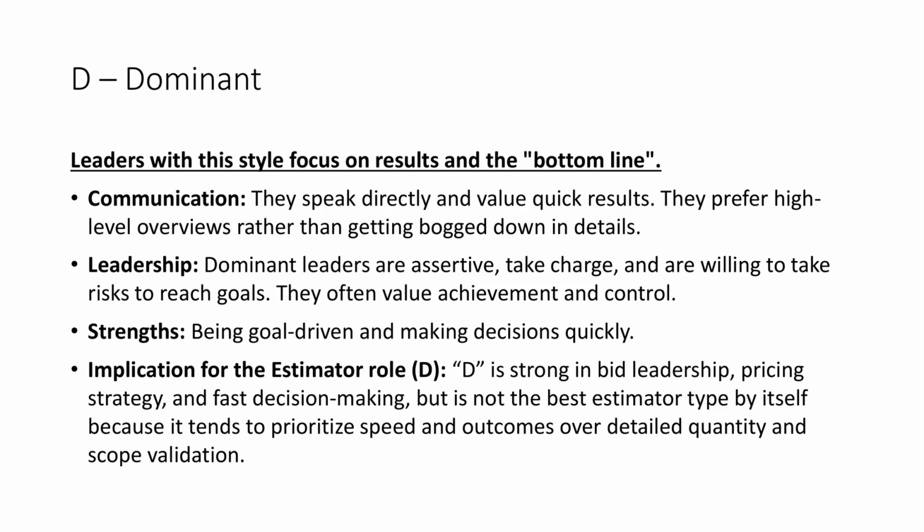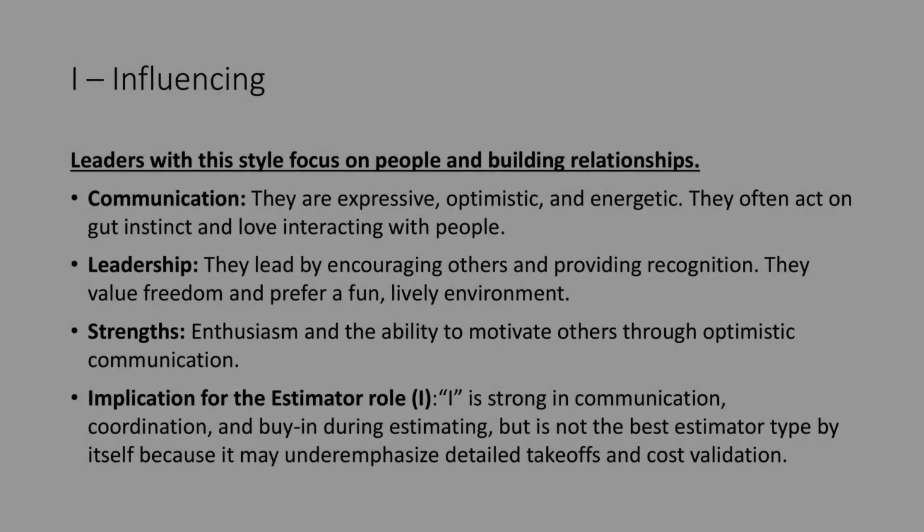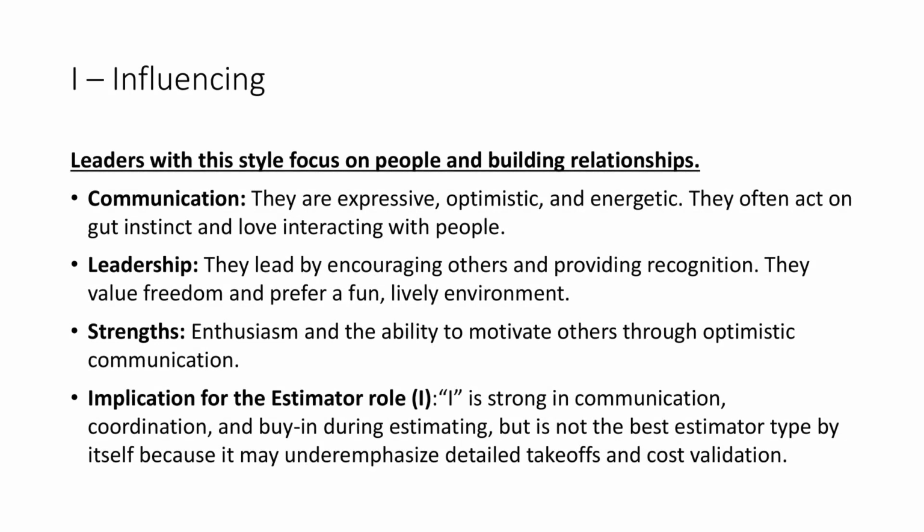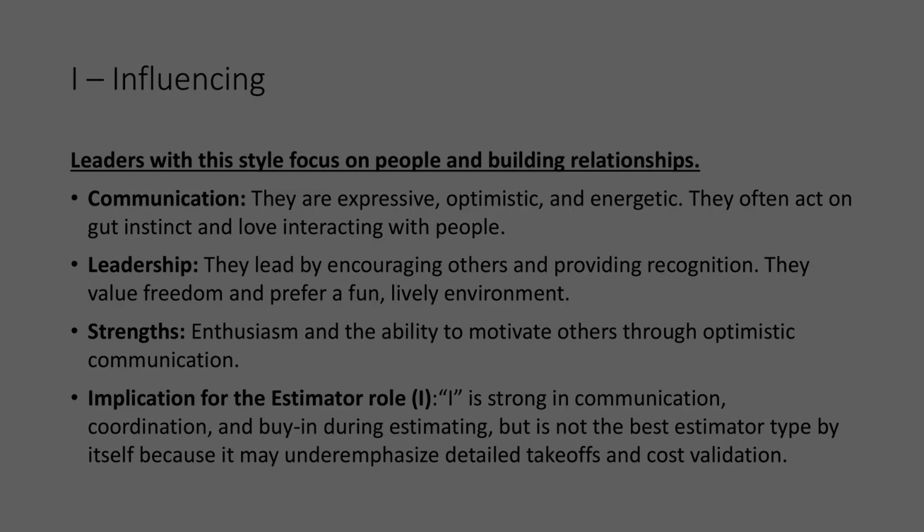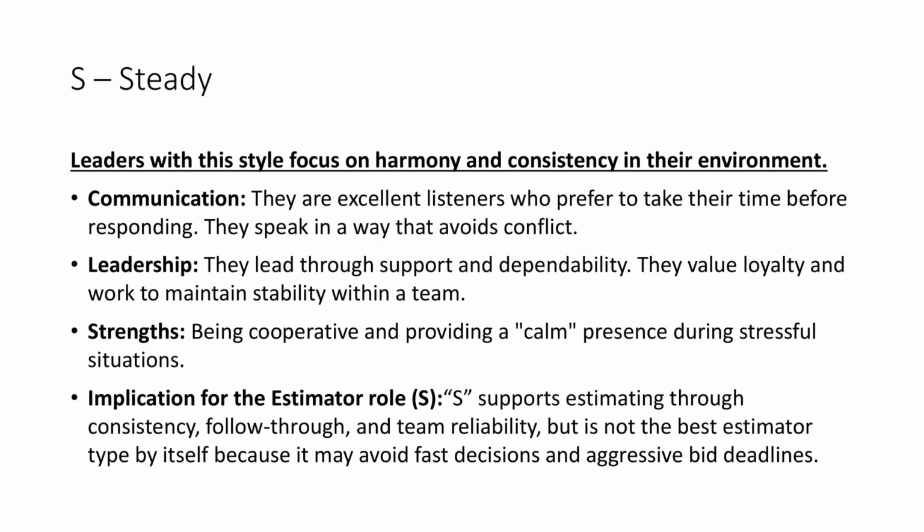So that means that you are a good candidate to become a project manager. If you are I, influencer, it means that you really like to work with people. Again, project manager is close, and that could be a good position for you. If you are S, I would say you are more gravitating towards an estimator than a project manager. But again, it's kind of somewhere in the middle.